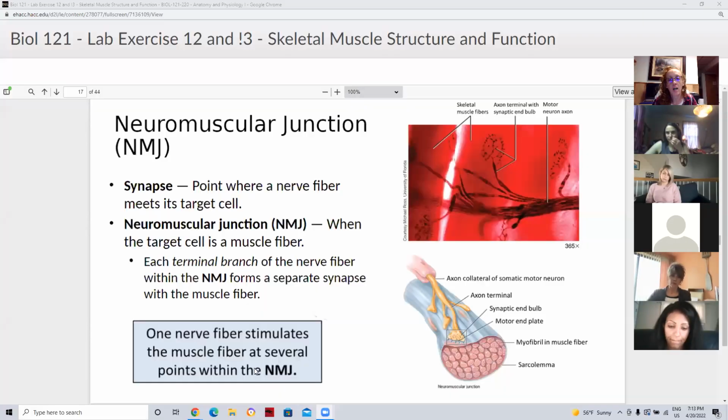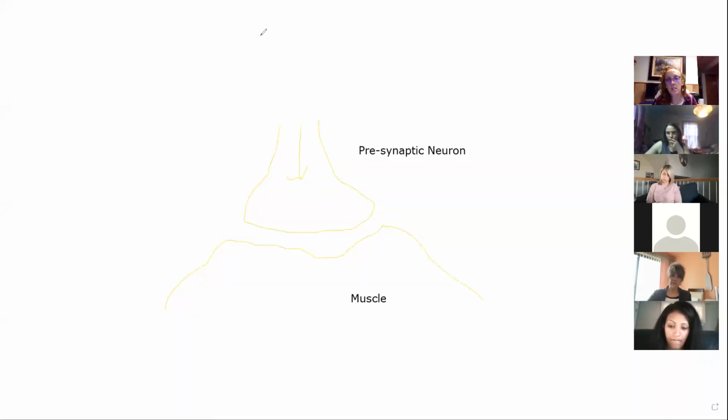When we're talking about neurons synapsing with muscle, this synapse is actually the neuromuscular junction, or NMJ.